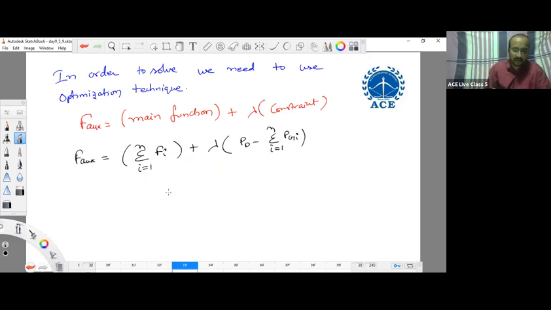Now observe this auxiliary function. It includes the main function which is to be minimized and the condition that must be satisfied. Yes or no?